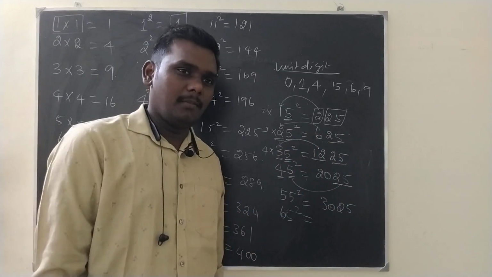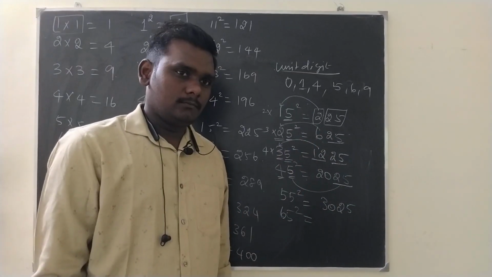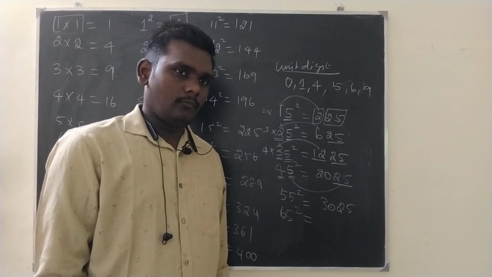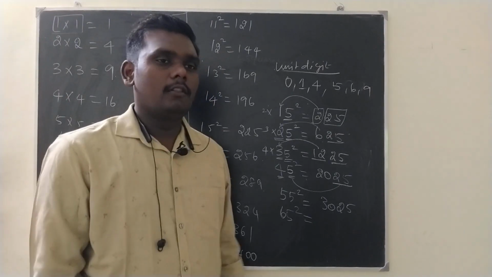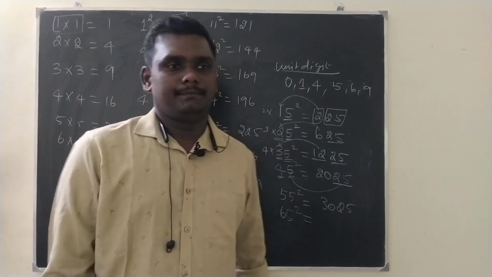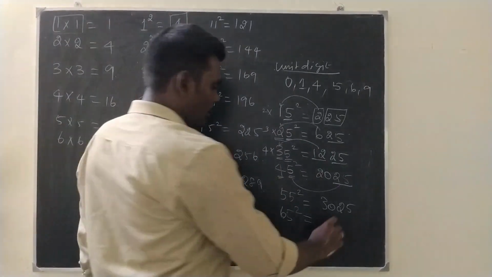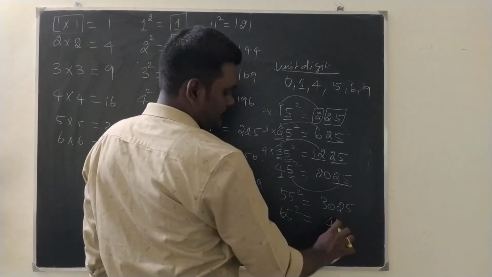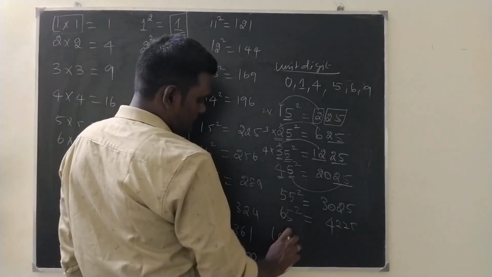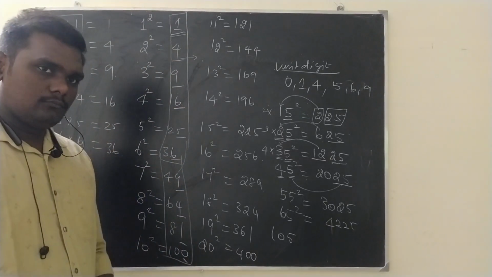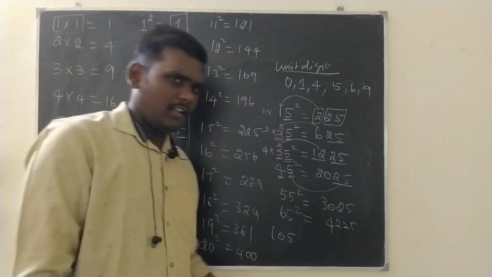6 7s are simply 42, 4225. 4225. Okay. What about 105? Don't say 225.